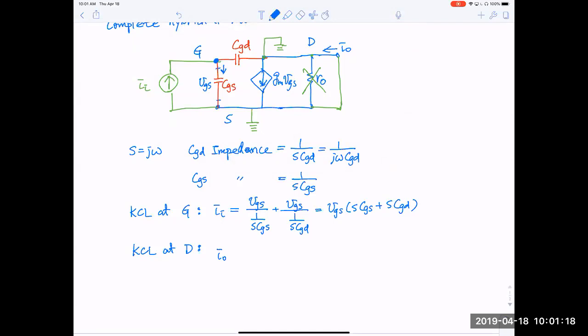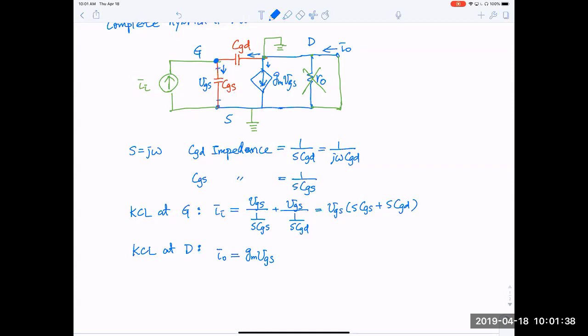So that kind of simplifies our analysis. So the KCL here is becoming simpler. This is equal to the current going out of the node. So that's this term, gm VGS, okay? And then there's a current flowing to the other side.